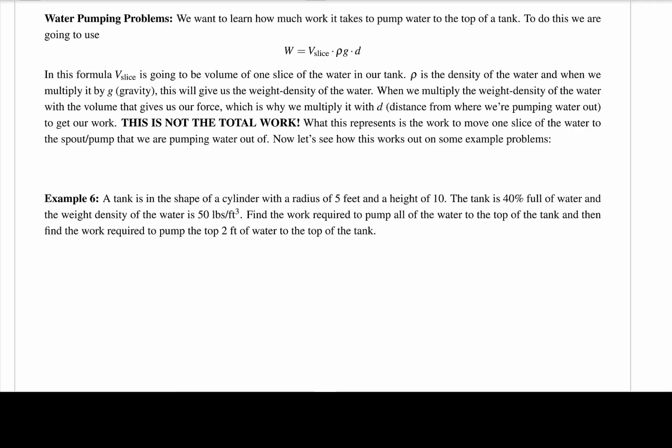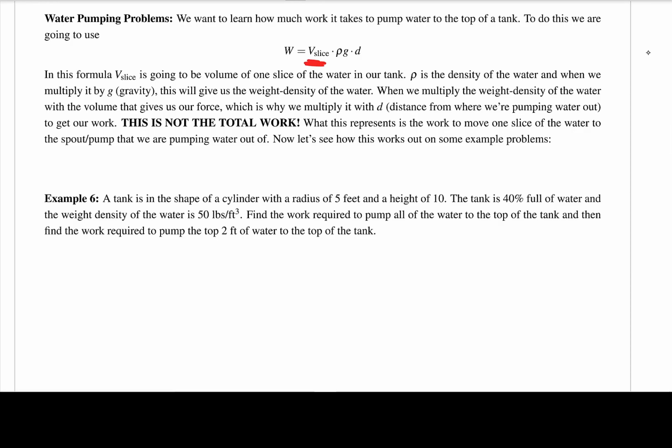This V slice right here is the volume of some slice in the tank. Or really what we're calculating is the area of that slice, and then accounting for our variable for integration.